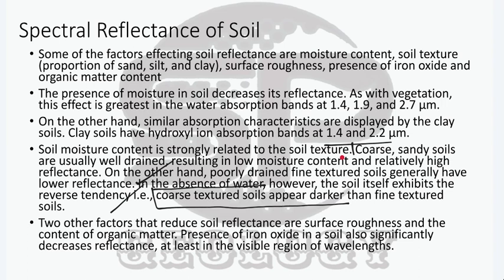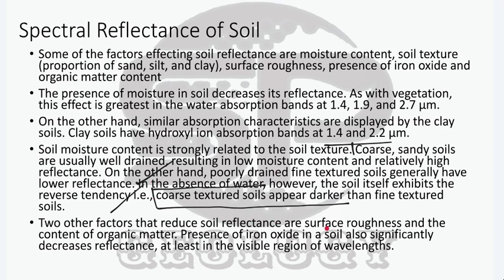But in the case of purely dried soil, there is no water, so coarse grain will appear darker and fine grain will appear lighter because of the presence of more surface area. Okay.